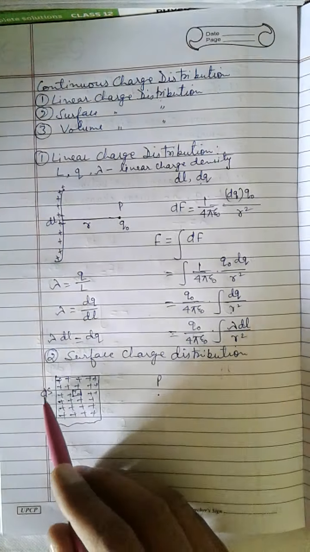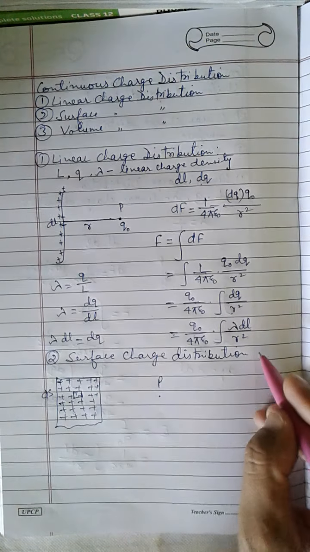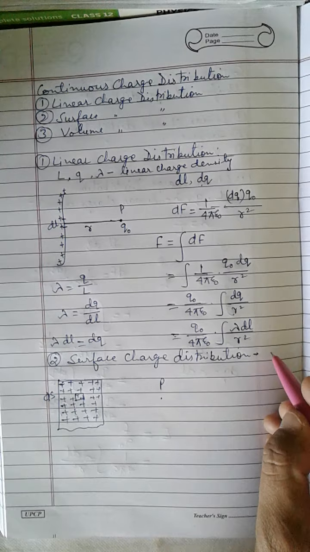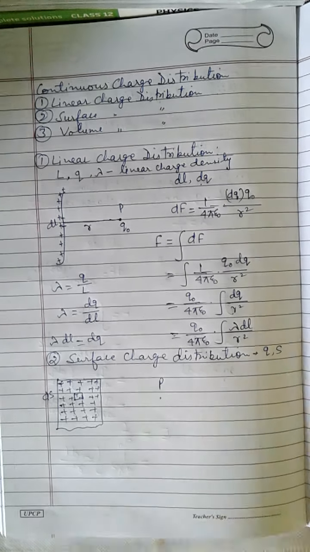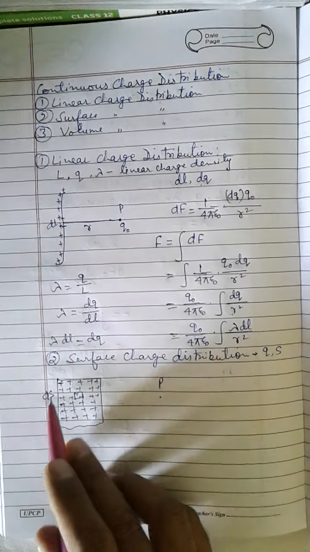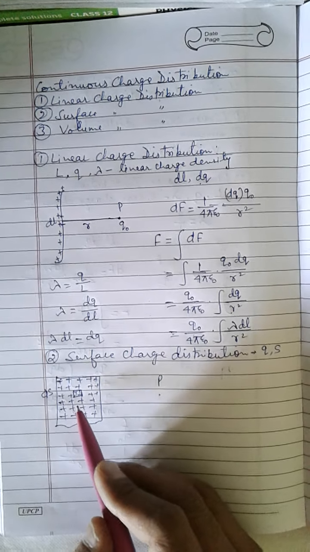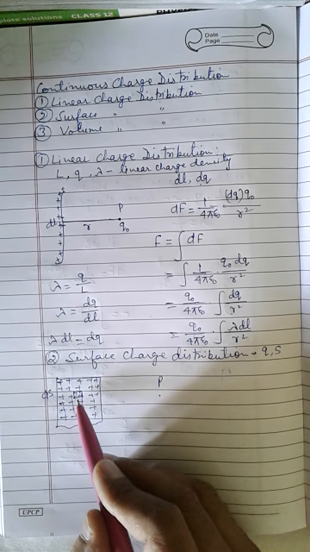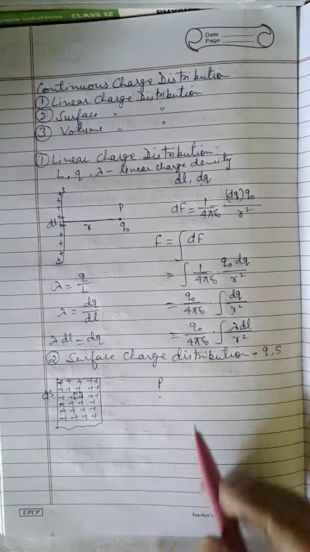Suppose the total charge given is q and the total surface is s of this sheet. Now because we have taken this element very small, this element will behave as a point charge.